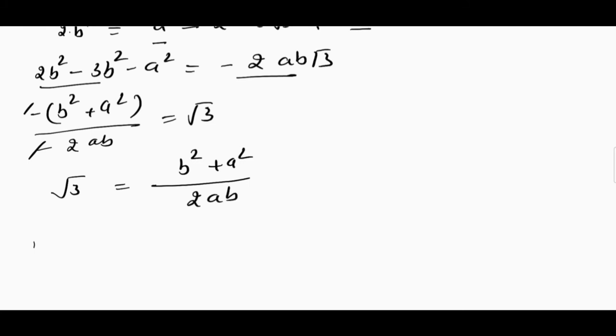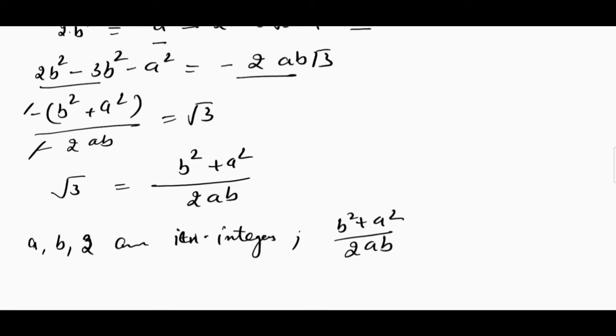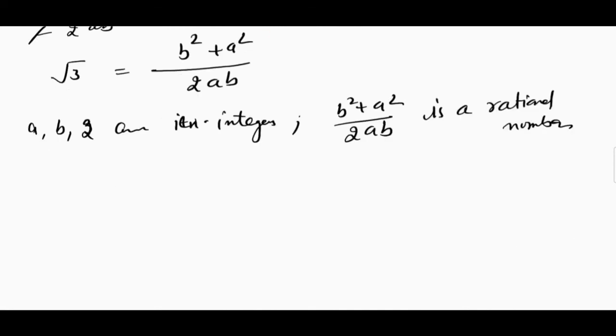So here, see, a, b and 2 are integers. So it means b square plus a square divided by 2ab is a rational number. So if this whole thing is a rational number, it means square root of 3 is also rational.